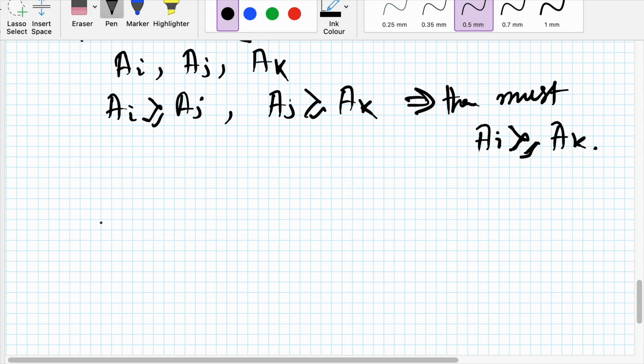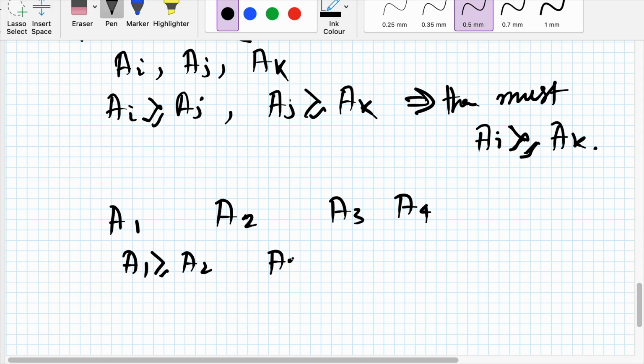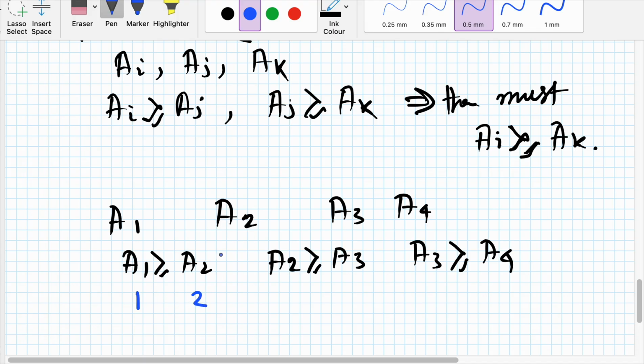Suppose again I have 4 options: A1, A2, A3 and A4, and suppose that A1 is preferred over A2, A2 is preferred over A3 and A3 is preferred over A4, and naturally the other relations will hold. So I will associate a number with each option: 1 with A1, 2 with A2, 3 with A3 and 4 with A4.